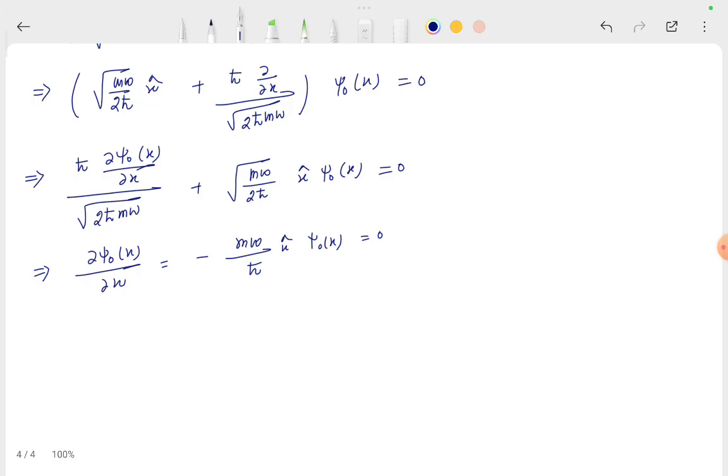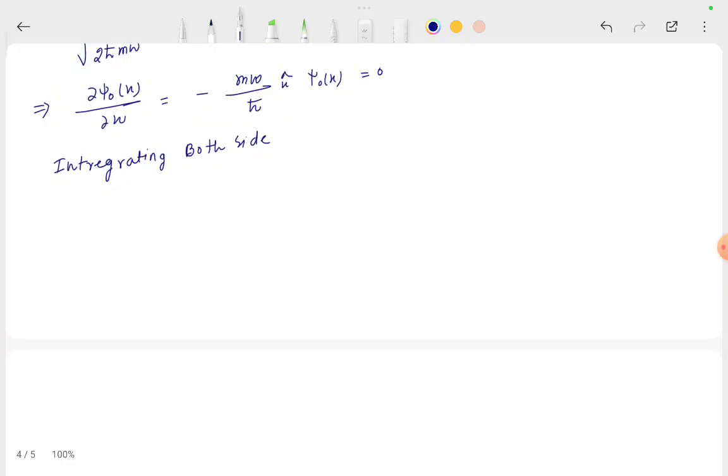Okay, now integrating both sides. This is very easy integration. So integration of del psi 0 of x upon psi 0 of x equals to integration of minus m omega upon h cut x del x plus ln c.